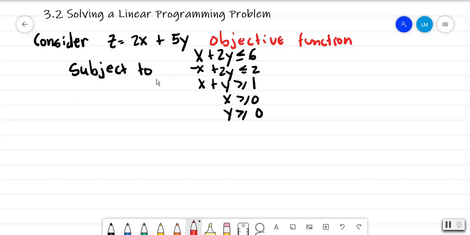Now, we're subject to some constraints, of which we have x plus 2y is less than 6, negative x plus 2y is less than 2, x plus y is greater than 1, with the conditions that x and y are non-negative. So what that does is it tells me that I'm restricted to quadrant 1.